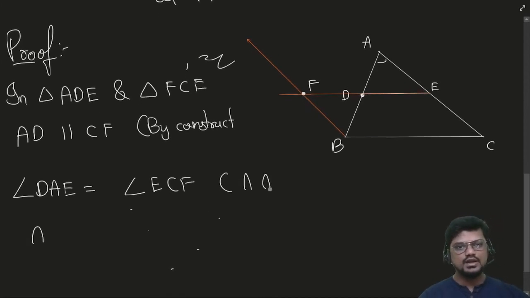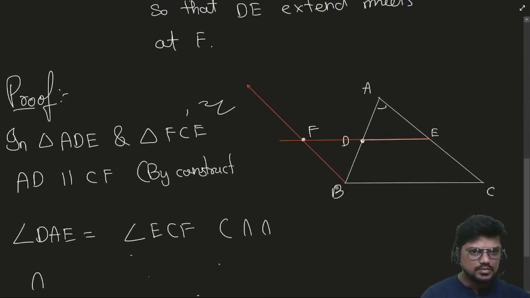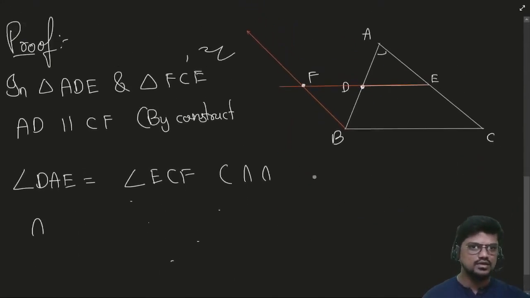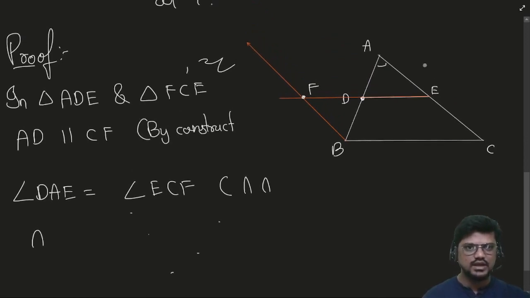Now AD is equal to BD, that we already knew, right? That's what we already knew. That thing we can take in given. So in triangle ADE and triangle ADE and F, wait, now the triangle name also has to be changed.